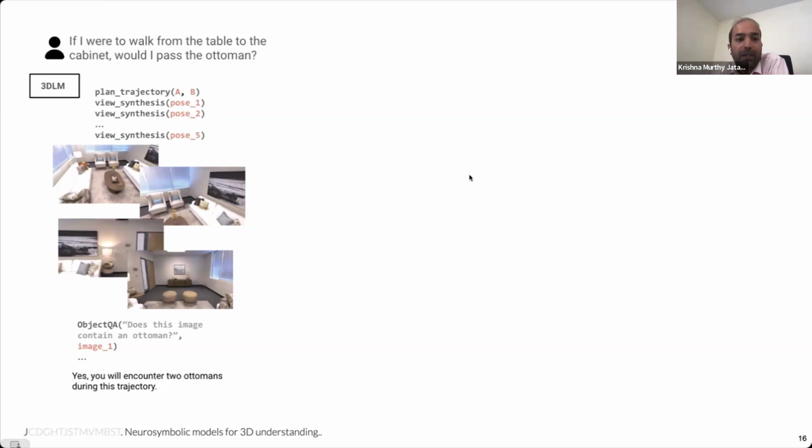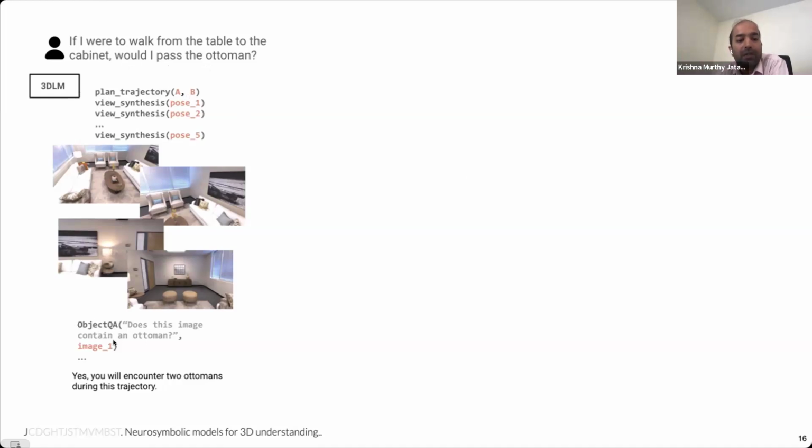And the way our approach answers this question is to call a plan trajectory function, to plan the trajectory from the table to the cabinet, and then call a view synthesis function to generate a bunch of intermediate views.